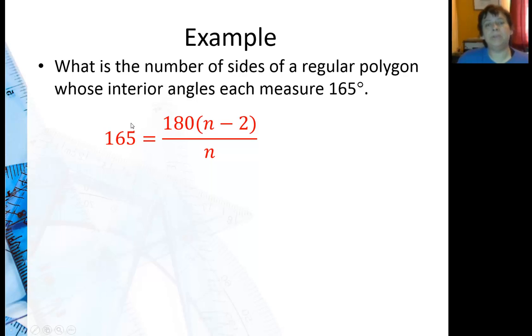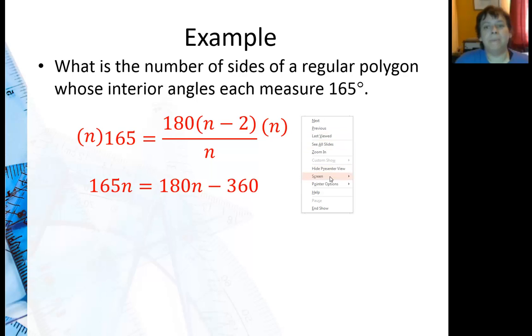So I substituted 165 in for A, and now I'm going to solve for n. First, I'm going to multiply both sides by n using the multiplication property of equality. And you can see these two n's will simplify. So I can actually cancel them out, or they simplify to 1. So here we go.